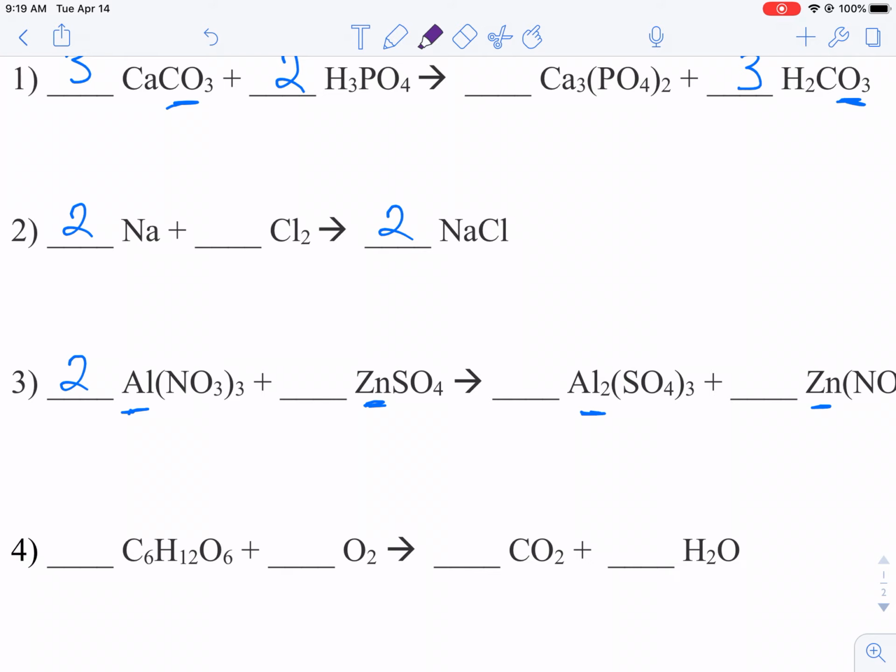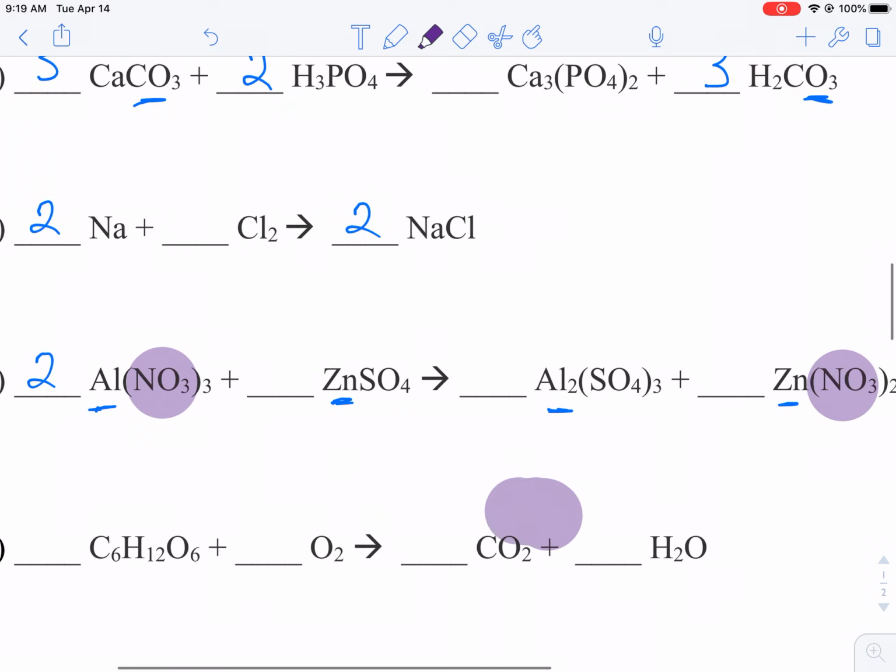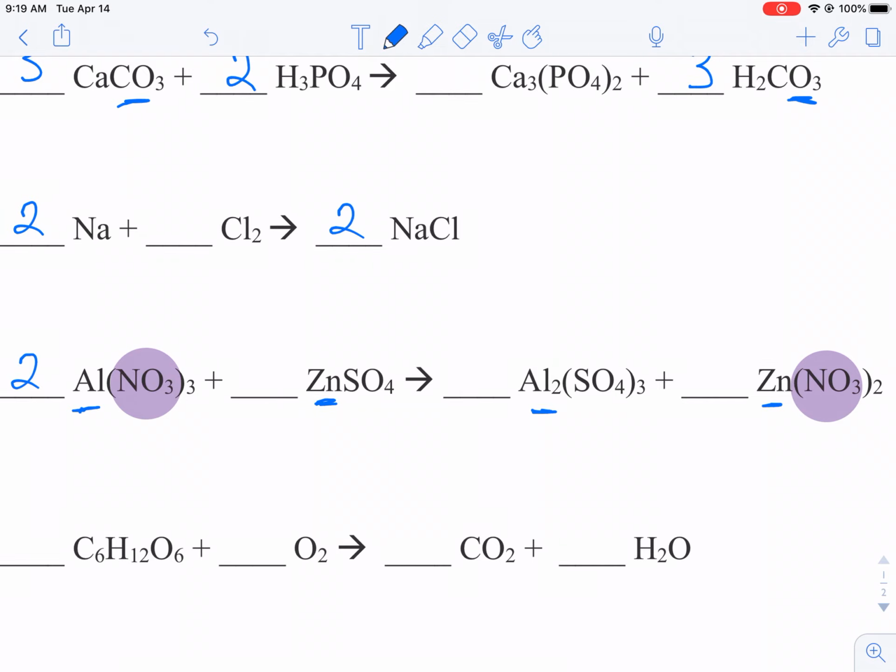Next, let's take a look at NO3. In my reactants, I have 3 NO3s times 2, which gives me a total of 6. And over here, I have 2 NO3s, so I'm going to put a 3 in front of Zn(NO3)2, and that's going to give me 6 NO3s.